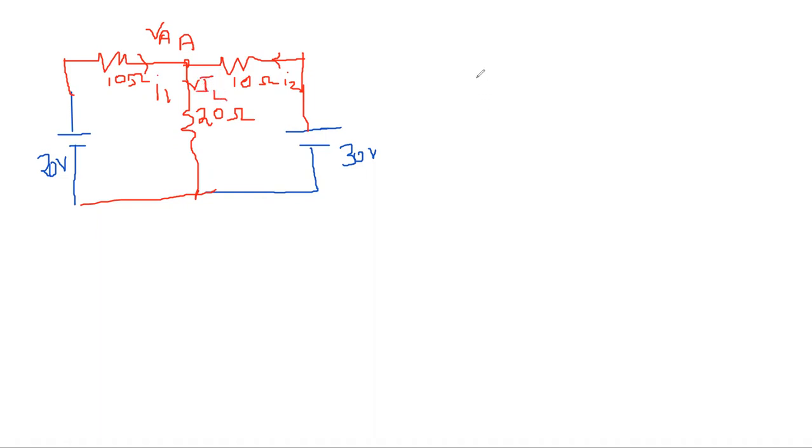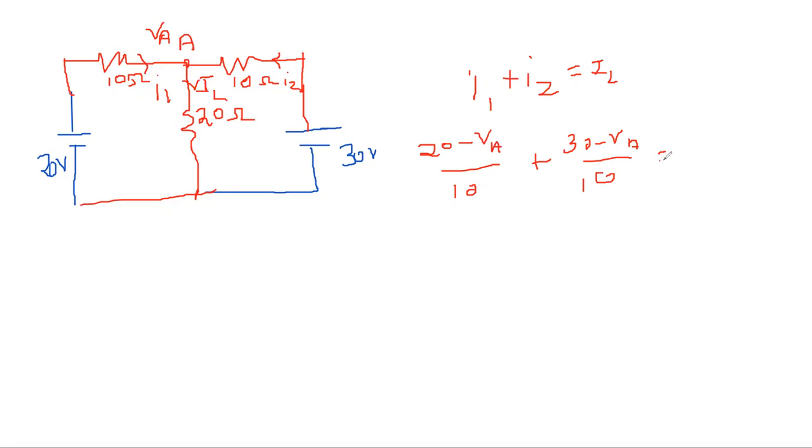So I1 plus I2 is equal to IL. I1 is (20 minus VA) by 10, I2 is (30 minus VA) by 10, and that is equal to VA by 20.